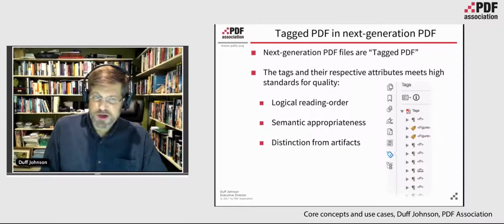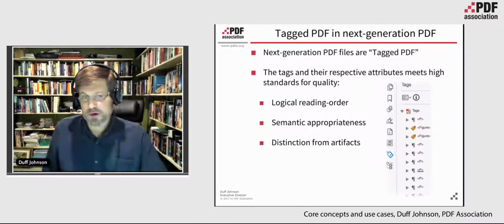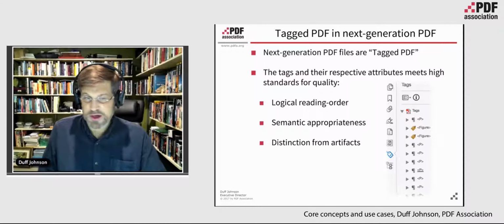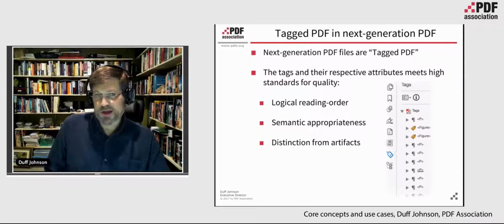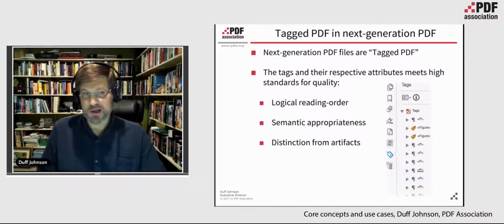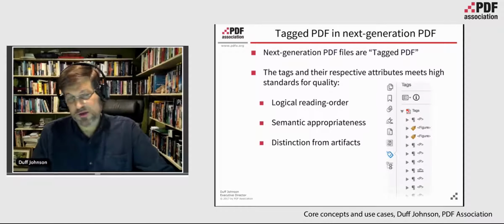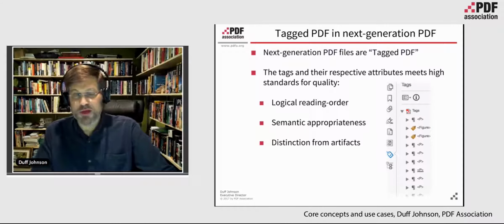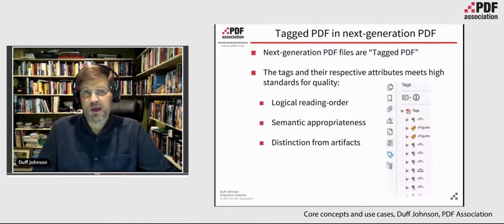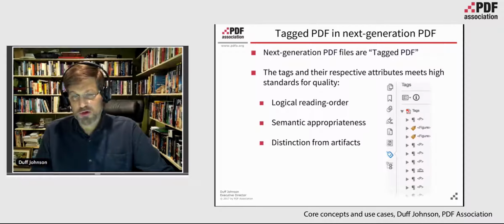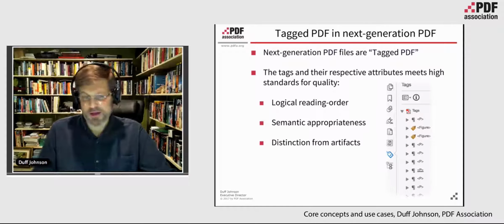So it's critical for the tags in next generation PDF to be in logical reading order and semantically appropriate, so we're not marking paragraphs as headings, and we're not marking tables as lists, and so on, and that they're distinguished from the artifacts on the page. The running heads, for example, on a page need to be suppressed, generally speaking, not always, when it comes to expressing the document in some other model. Running heads interrupting the scrolling experience would detract from that experience quite significantly.